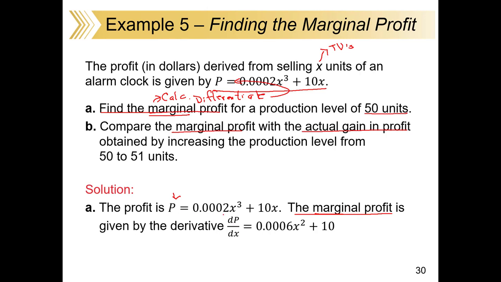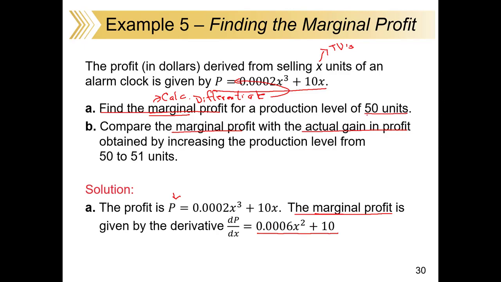So if we take this function above, take the derivative, remember, bring 3 out front. 3 times 0.0002 gives me the 0.006. The x cubed becomes an x squared, and the derivative of 10x is just 10. And there's your marginal profit for whatever number of units you choose.